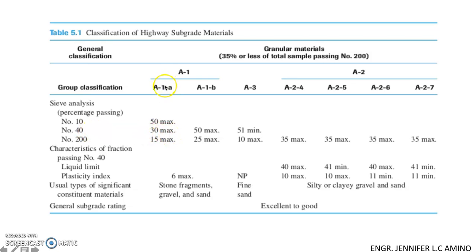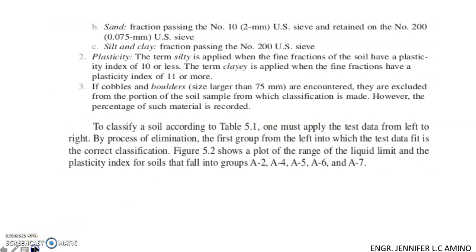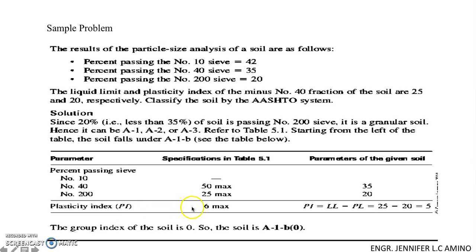So it will not fall under A-1-A because the maximum is 30. A-1-B, it will fall under this because the maximum is 50 and we are given 40%. So meaning to say, we could classify the given soil sample as A-1-B for this particular example.